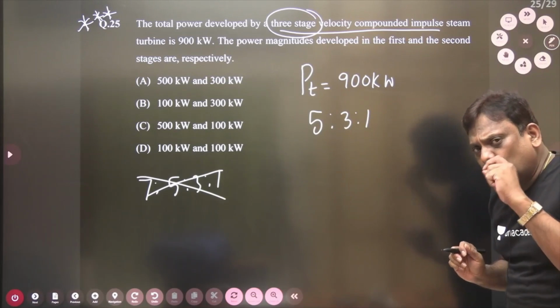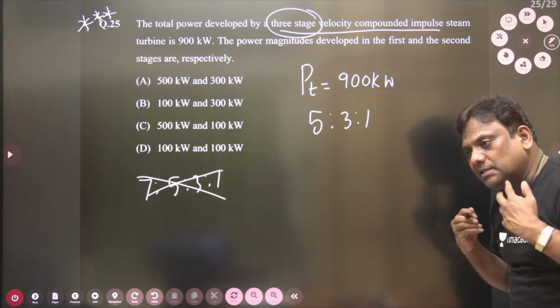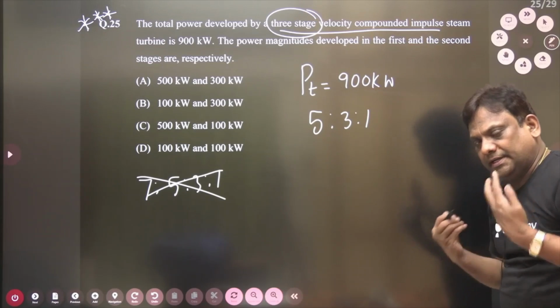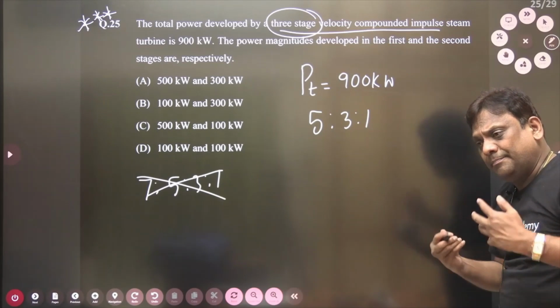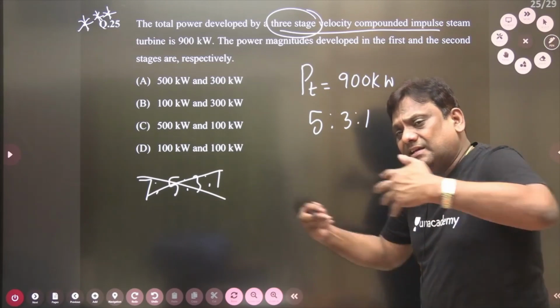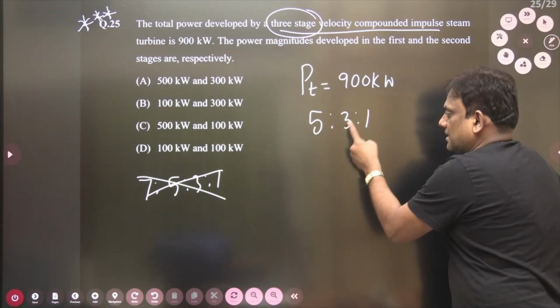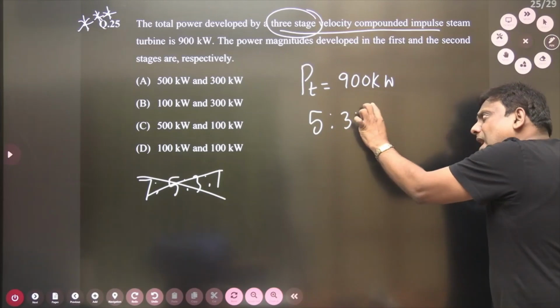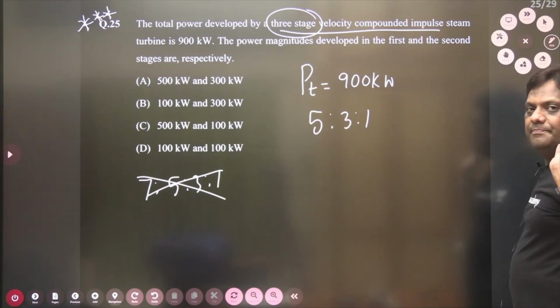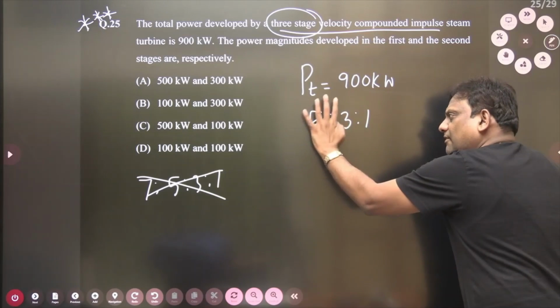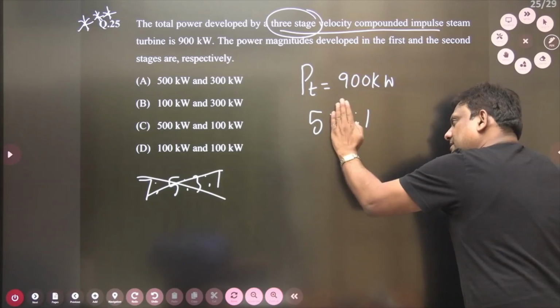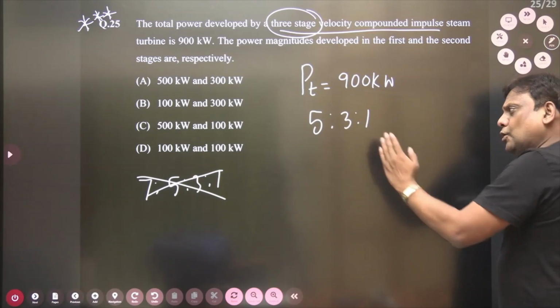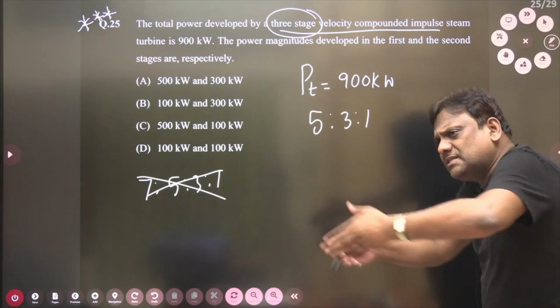The observation is that in a Curtis turbine, that is the velocity compounded turbine, as the number of stages increases, the last stage work decreases. Let us say the first stage develops 500, second develops 300, third develops 100.